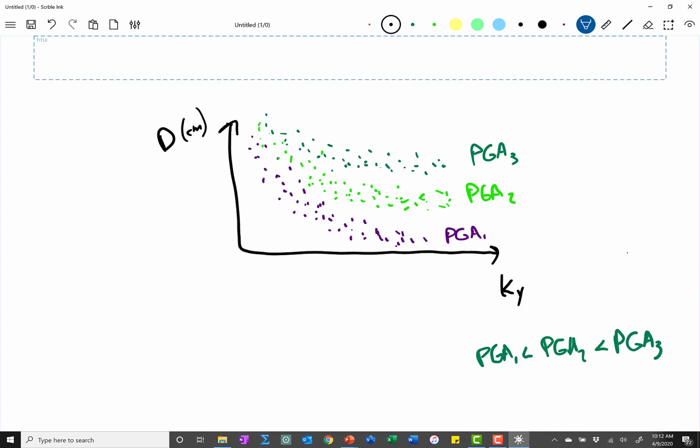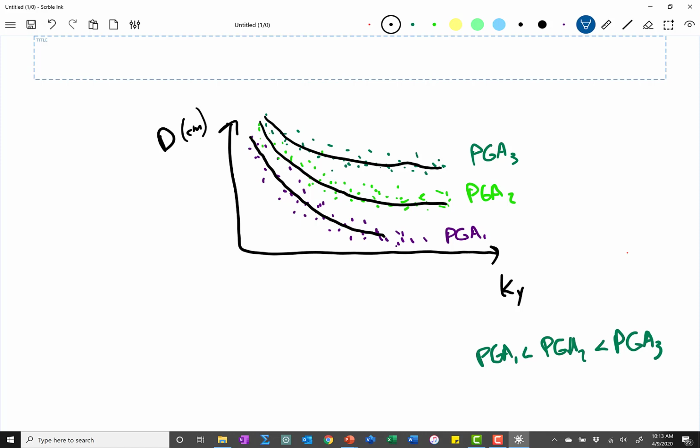And they would fit best fit functions to these different equations, and then they would try to develop then a statistical or numerical model to fit the data.